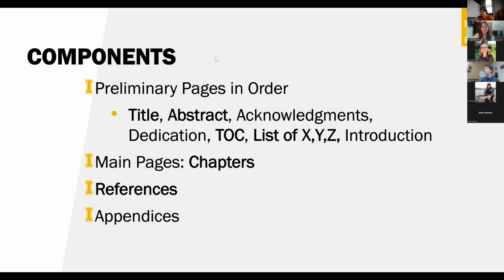Your acknowledgements and dedication pages are not required, but it is very odd not to have them, because this is the place where you are able to thank the people in your life who have maybe helped you get to this point. The acknowledgements page is where you thank any professional or academic contacts or mentors that you want to give thanks to, give a shout out to.